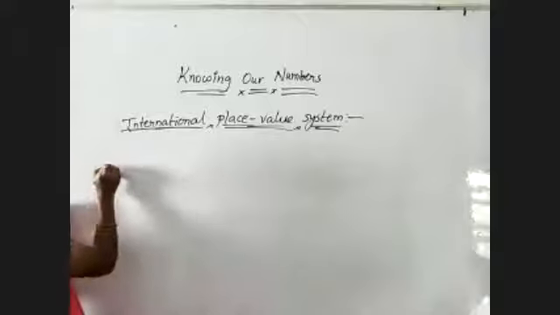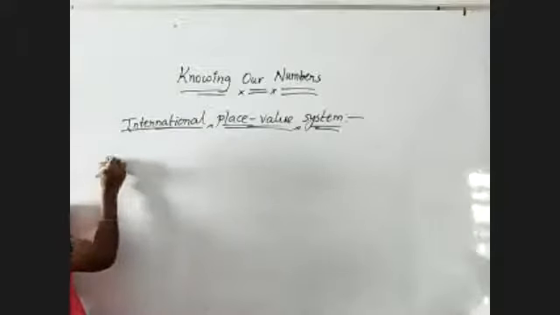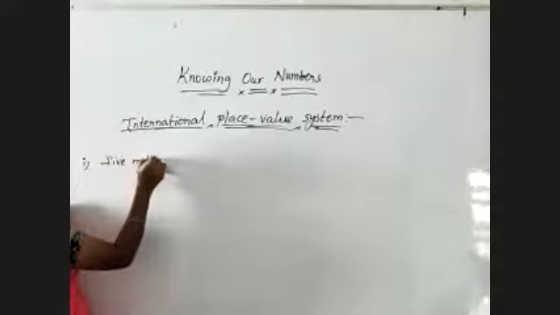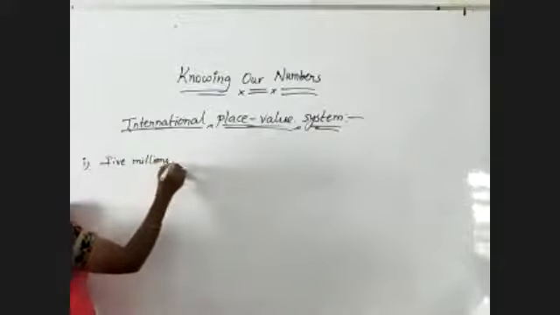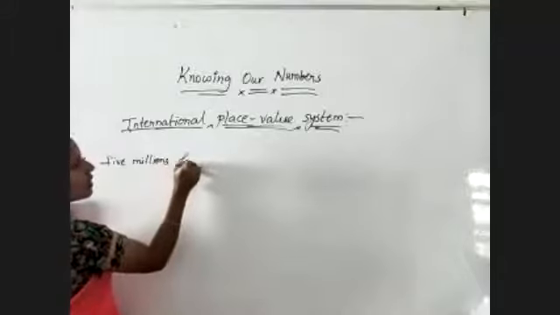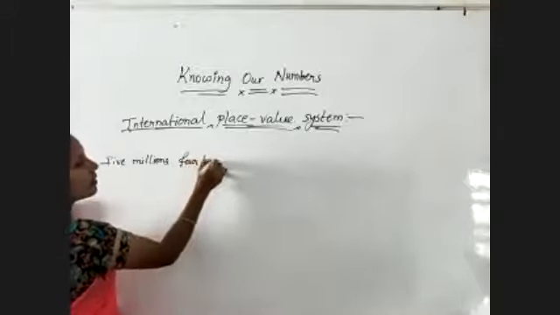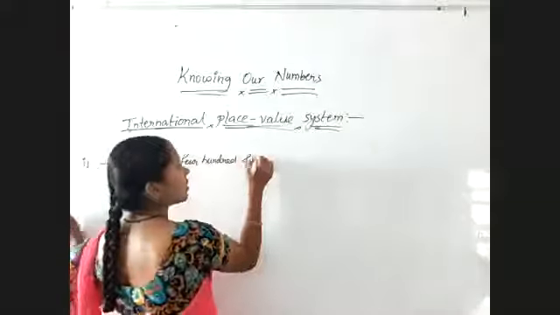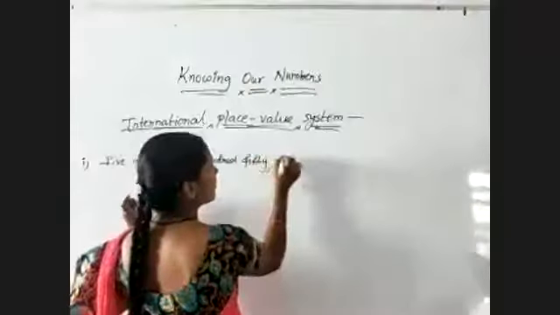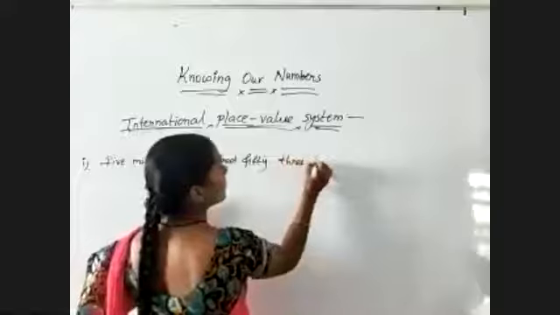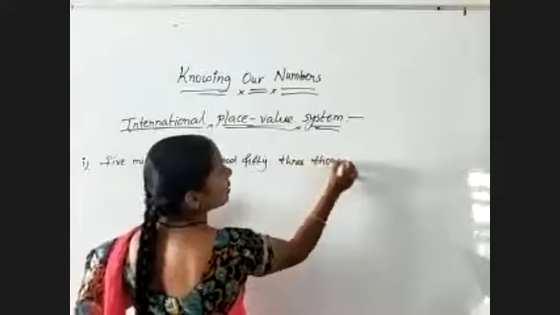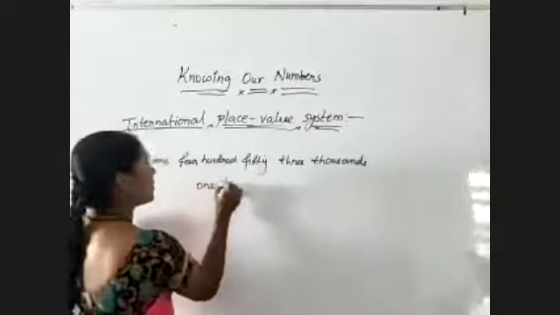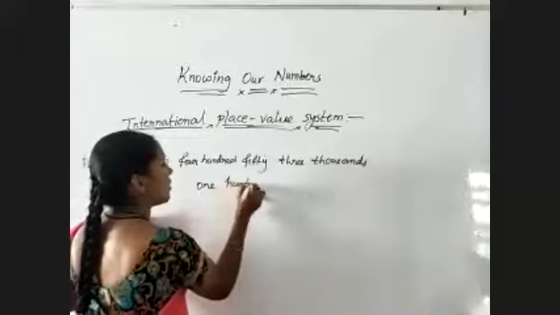I'm giving one of the numbers: 5 million, 453 thousand, 102.